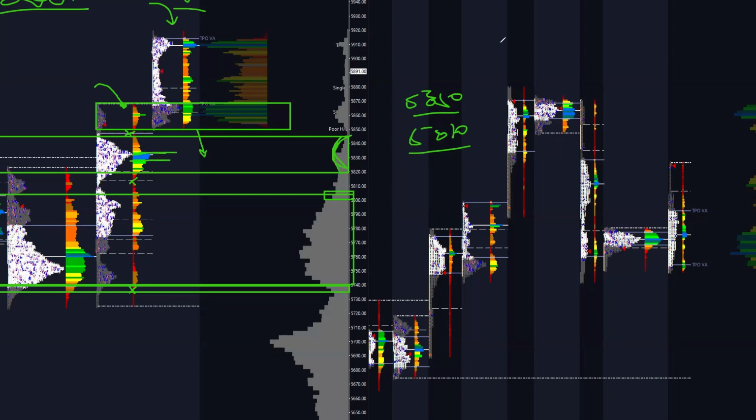So the rule that I follow is that if I'm inside of a balance and we exit that balance and move into a new balance, as long as that balance holds and we don't get momentum and closures within the prior balance, I'm going to remain on the long side and try to continue that leg higher. It's the same concept if I'm looking for the short.